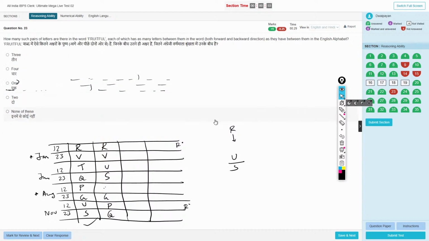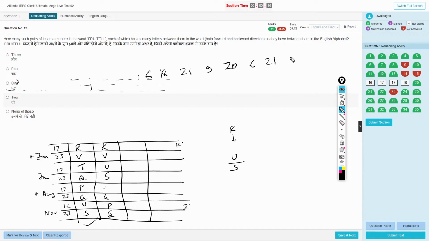Not occurring. How many words between forward, fruitful? I don't think I'll make it. F R U I T F U L. 7, 8, 9, 18, 19, 20, no. No. Okay. 6, no. So 1 I can see.